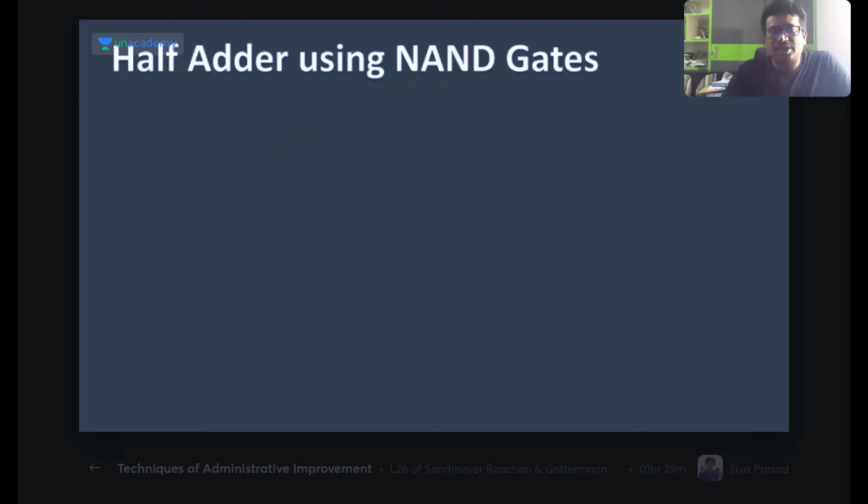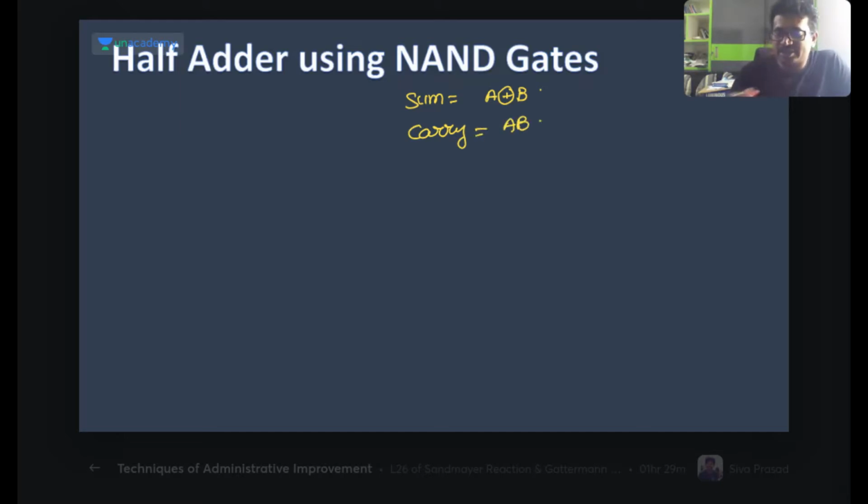Next, let us see how we can implement the half adder using NAND gates. The sum expression we have seen: sum is equal to A XOR B, and the carry expression is equal to A into B. We need to implement it by using NAND gates.